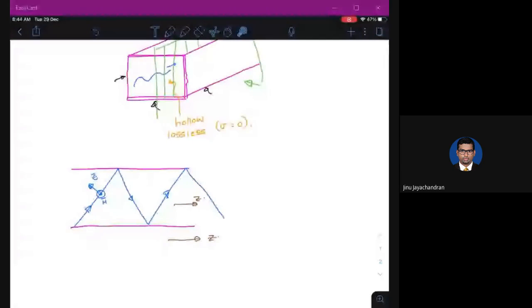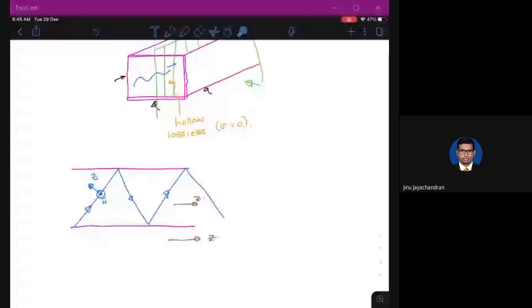But H doesn't have a component along the direction of propagation. And this is something called a transverse electric wave. We'll see all these things. I'm just summarizing it to give you a picture of what is going to happen.